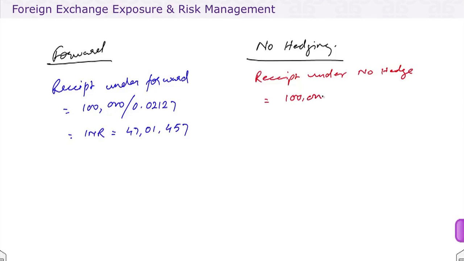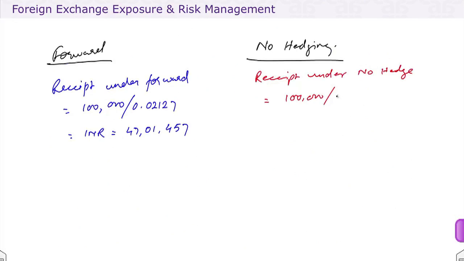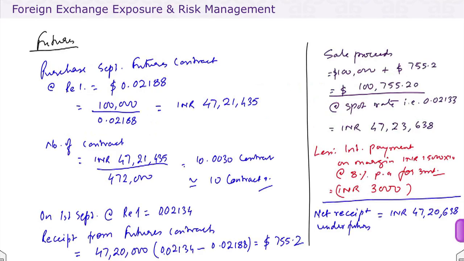You are getting 1 lakh USD, and the spot rate at that time is 0.02133. If you convert it into INR by dividing, it comes to 46 lakhs 88,233.